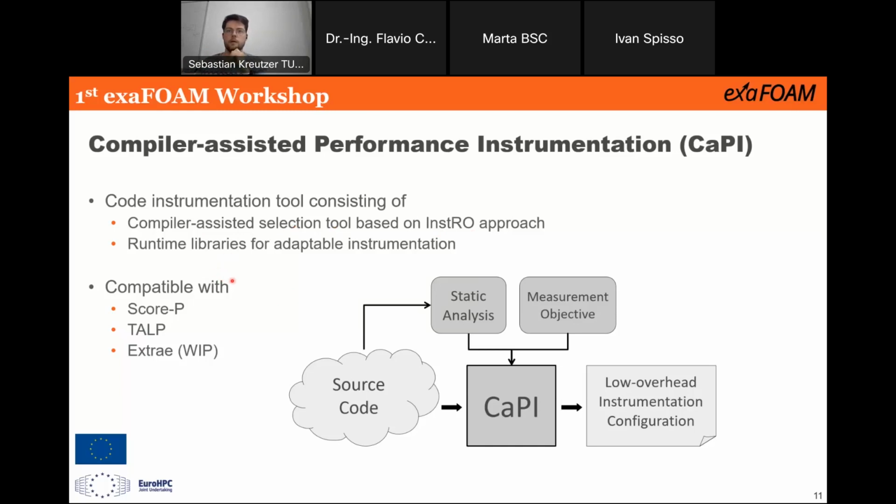This tool has different interfaces, so it's compatible for profiling and tracing with ScoreP. We also have an extension for the TALP tool, which collects POP metrics. And we're working with Barcelona Supercomputing Center to get selective instrumentation into XRay.